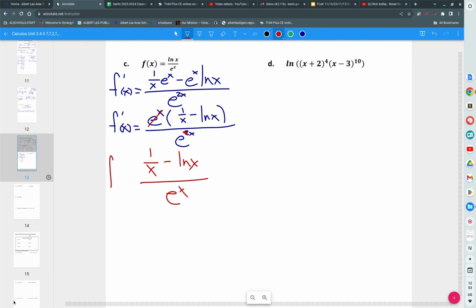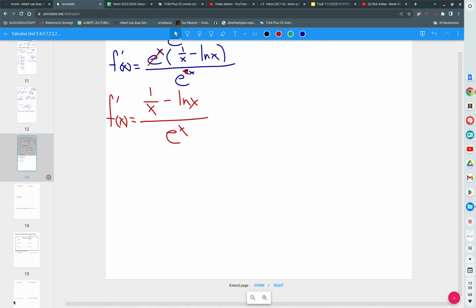Can I leave my answer like that? No, we've got a complex fraction, don't we? So we're going to have to deal with this complex fraction. You won't ever see the answer expressed in that fashion. So this is over 1, so I'll multiply top and bottom by x. I'll write the bottom over 1.